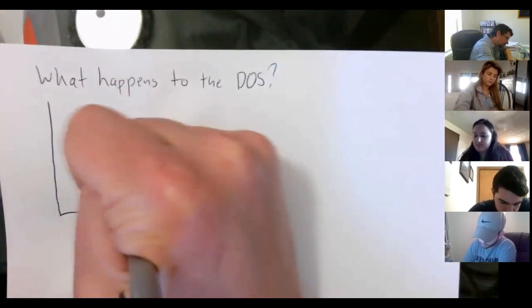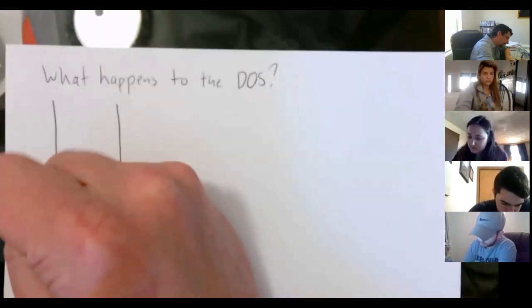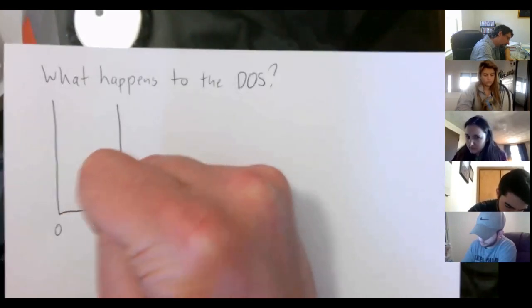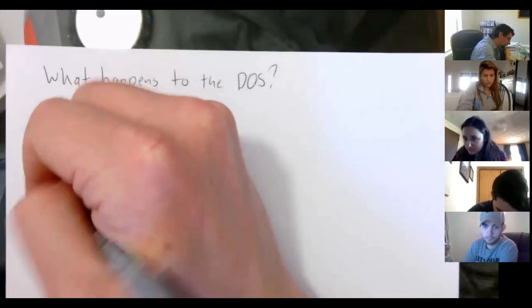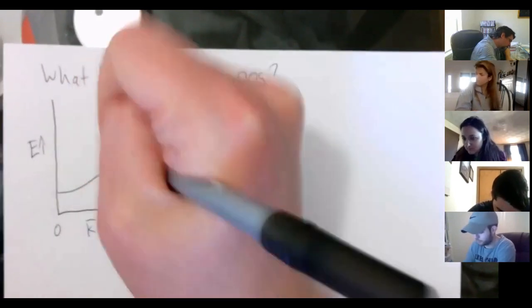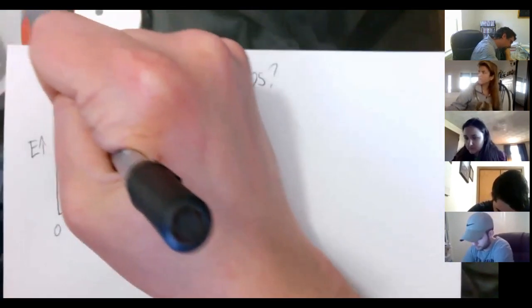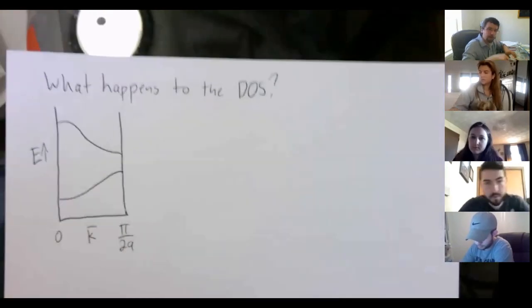Let's draw that band structure one more time. In this case, it is distorted. And again, we have our Fermi level.